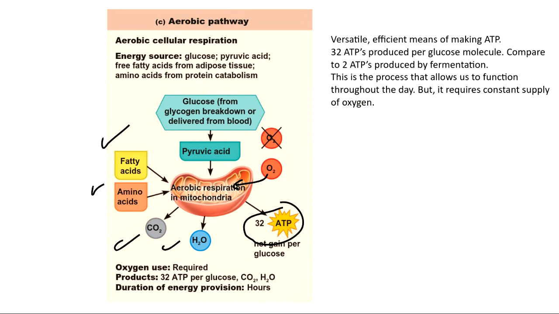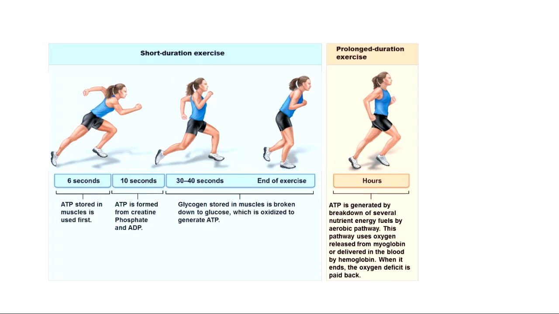So this next PowerPoint shows you a depiction of when we use these different types of mechanisms to make ATP. So it says here that the first 6 seconds of a sprinter, for example, the ATP stored in muscle will be utilized first. Then the next 10 seconds, the ATP made is coming from the quick one-step creatine phosphate phosphorylation.